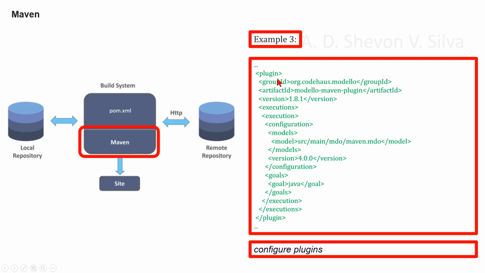Furthermore, a plugin may have one or more goals, wherein each goal represents a capability of that plugin. For example, the compiler plugin has two goals, compile and test-compile. The former compiles the source code of your main code, while the latter compiles the source code of your test code.